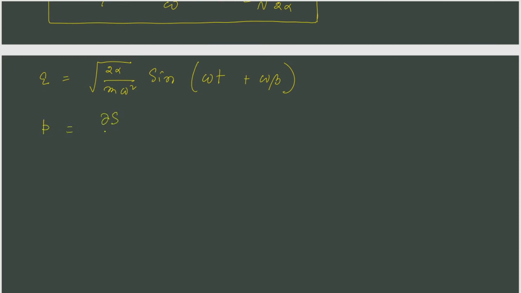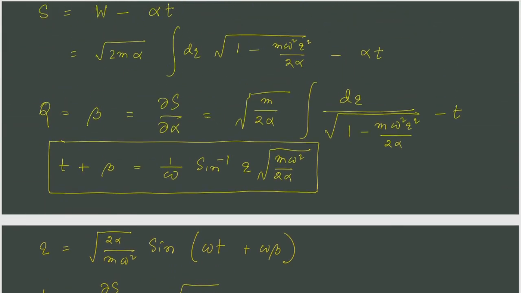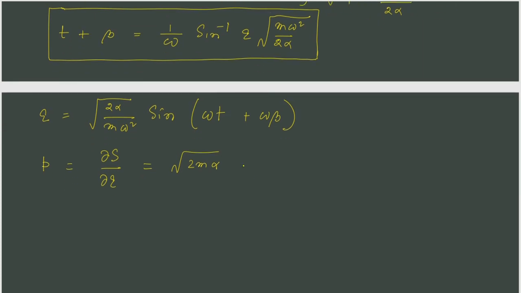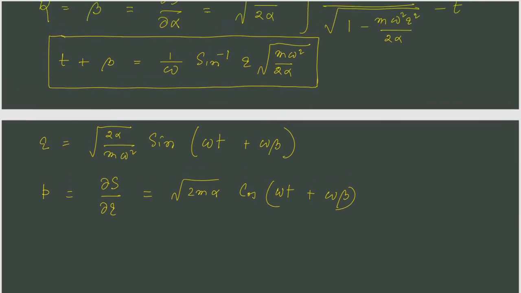That is straightforward. We already know that this should be del s del q, or if we substitute everything, then we have, that's it.